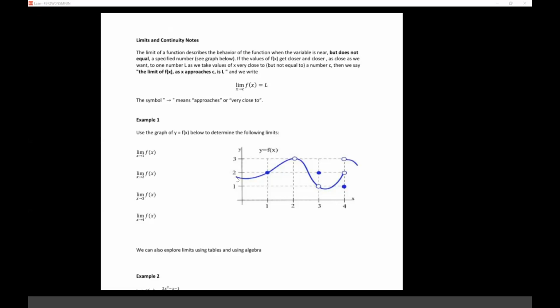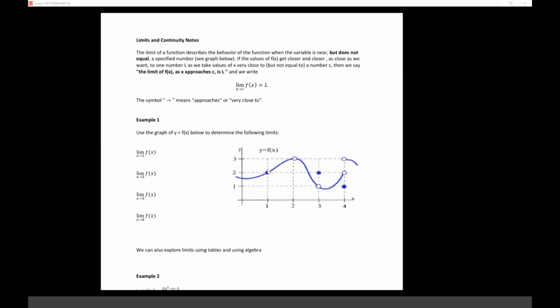Let's take a look at this graph down here. Now, I have a nice curve here, and you can see as I travel along the curve towards x equals 1, I'm getting closer and closer to the y value 2. The same thing is true if I approach x equals 1 from the other side, coming down the curve.